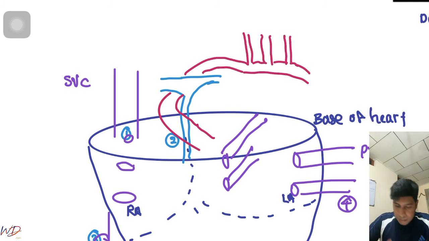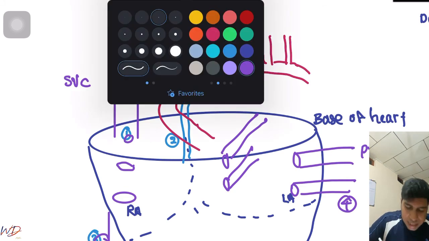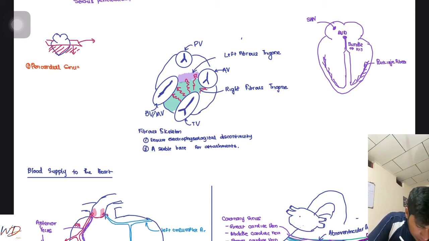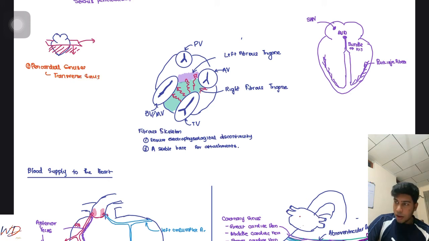So these are the two sinuses of the pericardium. There are two sinuses, basically spaces, called the transverse sinus and the oblique sinus.